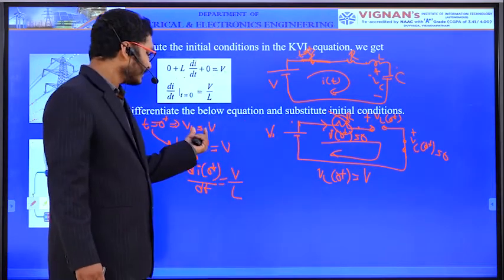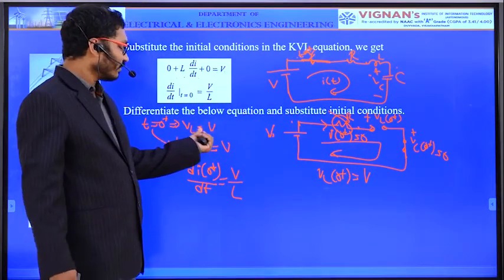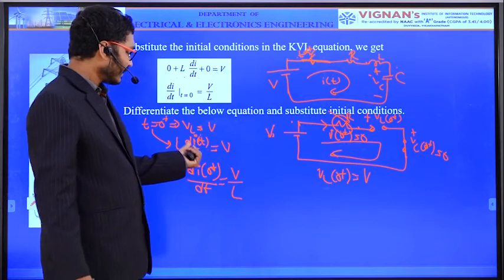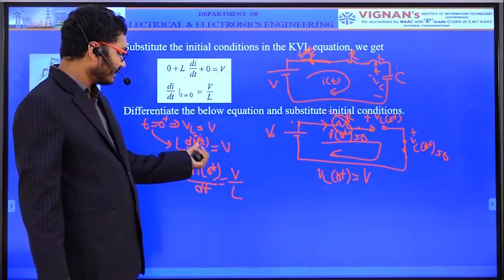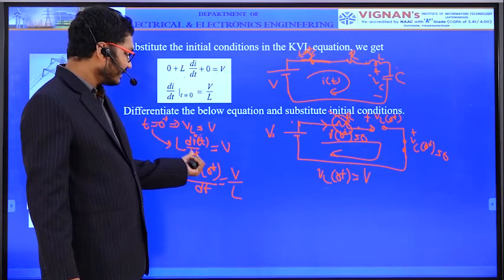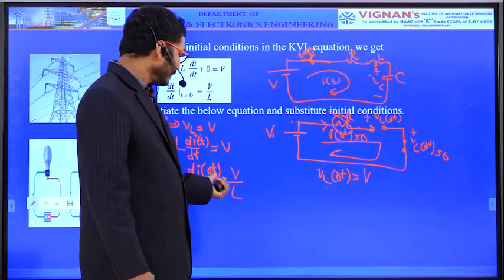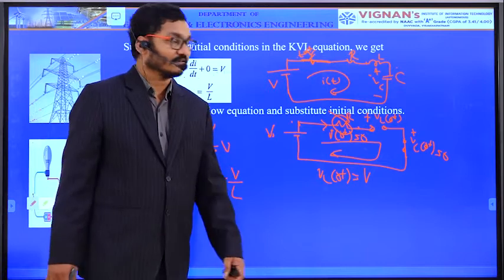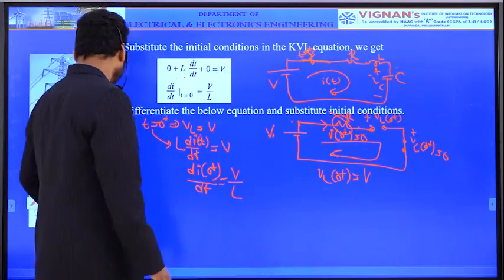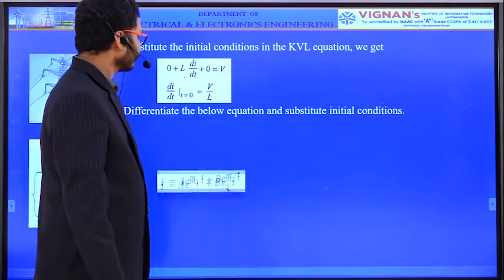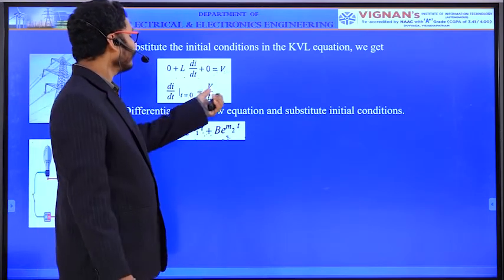So VL of 0 plus equals to V. At t equals to 0 plus, the voltage across inductance is V. It means VL is L di by dt equals to V. So at t equals to 0 plus, di by dt equals to V by L. Just remember this.